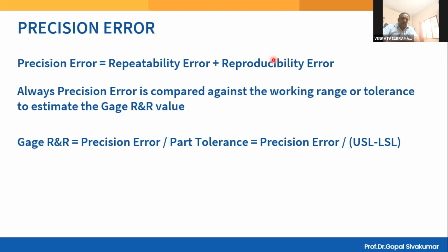Precision error is compared against the tolerance. The ratio is called precision tolerance ratio. Why is it called that? The numerator is precision error, the sum of repeatability error and reproducibility error. The denominator is tolerance. This ratio is otherwise known as gauge R&R.